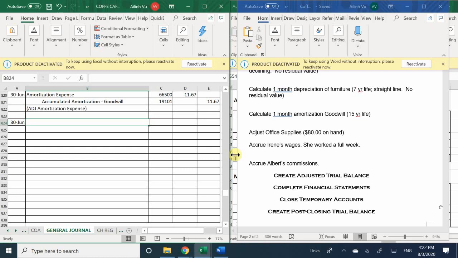So go ahead and look into your chart of accounts and look for office supplies expense. 6075? Yes. And then where are you taking this out of?